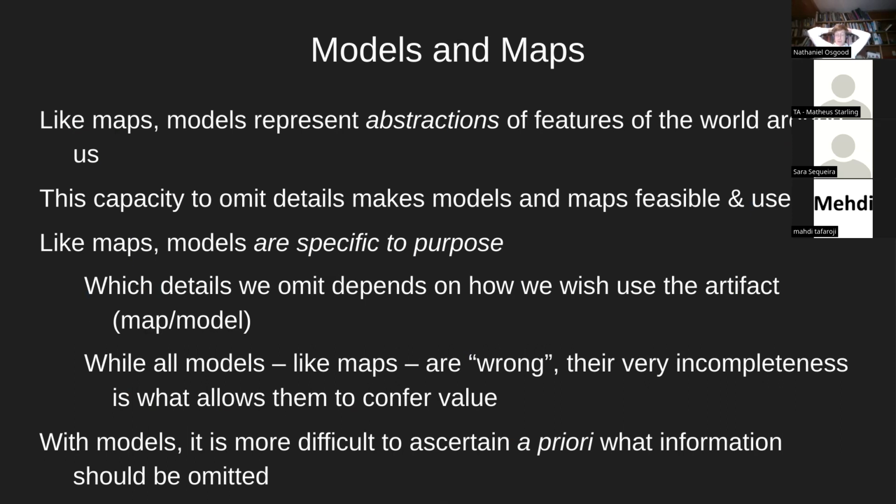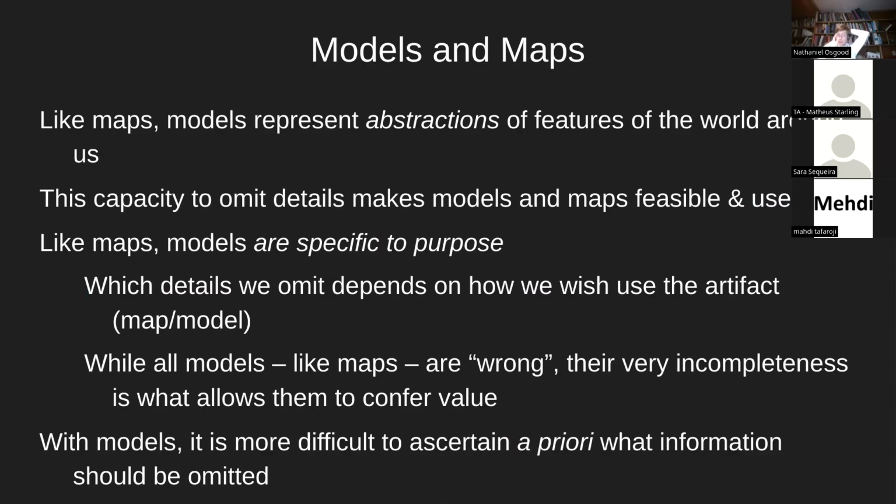You might not even expect it, depending on which system you use, to show you whether a given highway is divided or not, whether a road is paved with gravel or asphalt. You certainly don't expect it to show exactly where the crosswalks are. But it's useful for its purposes. This capacity to omit details makes those maps useful. You can quickly glance at it and get the information you may need.